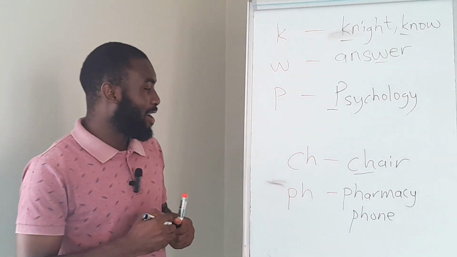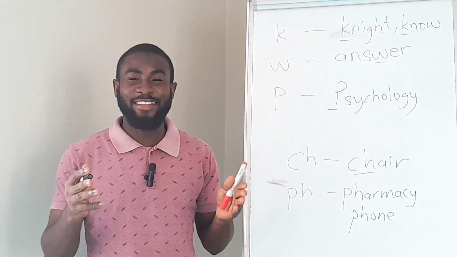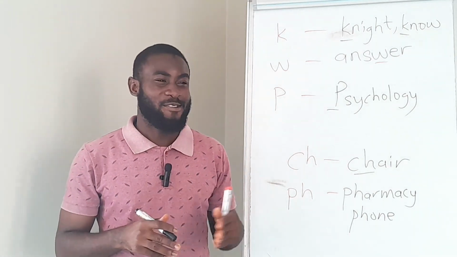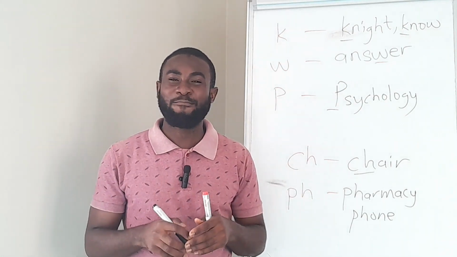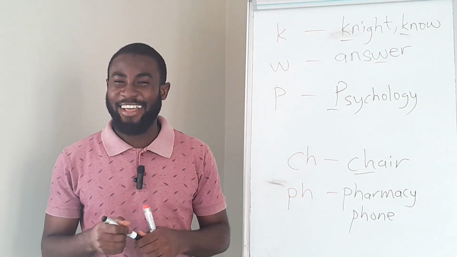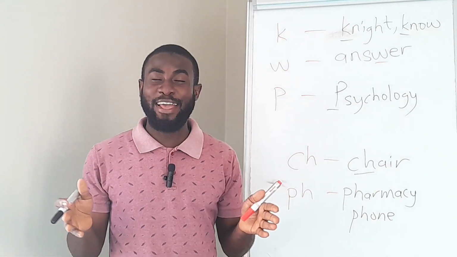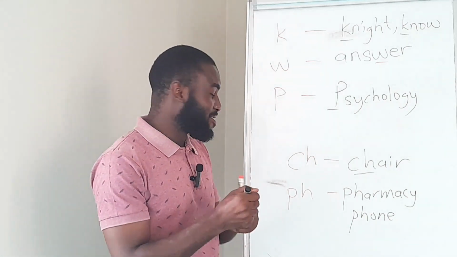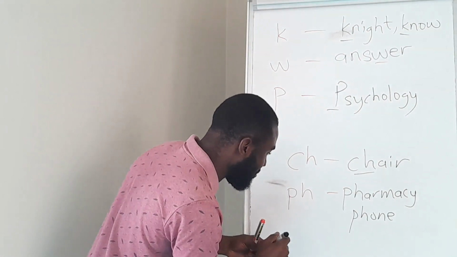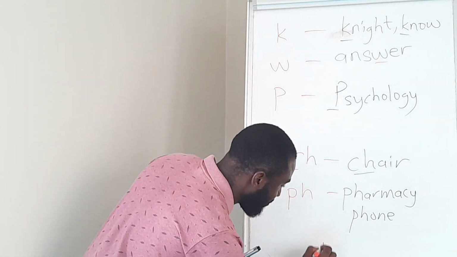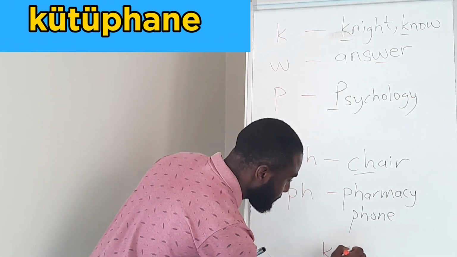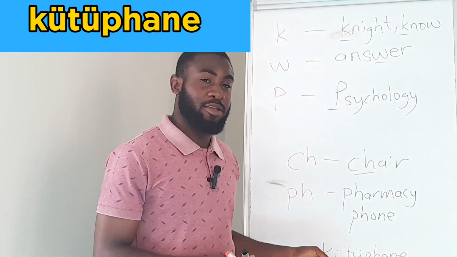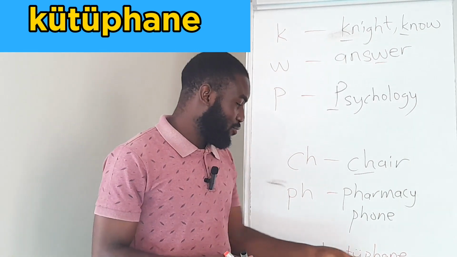I remember when we started learning Turkish, some of my mates used to mispronounce the word Kütüphane. Kütüphane is a Turkish word that means library, and we write it this way, Kütüphane.